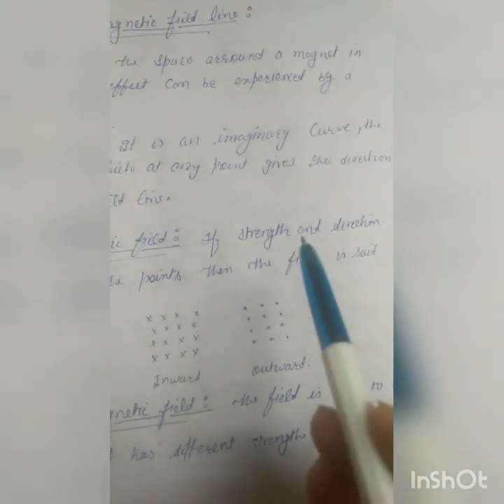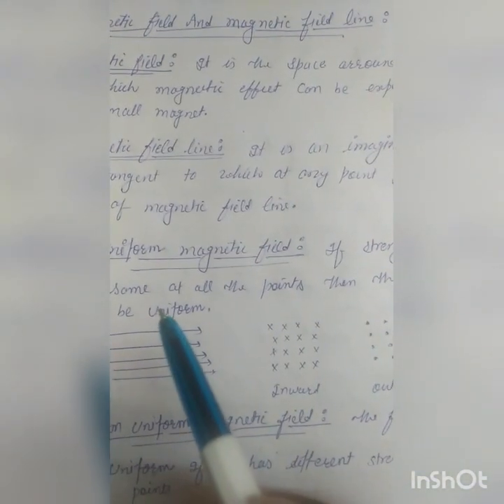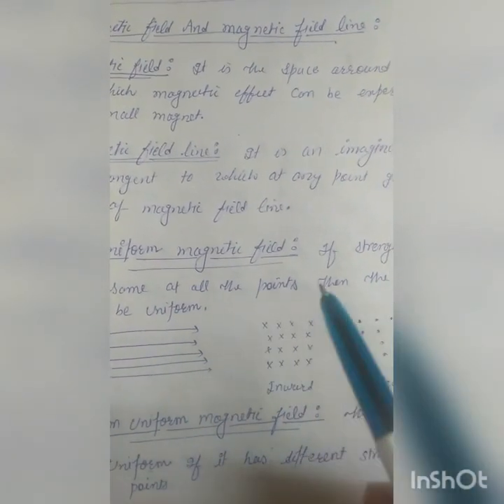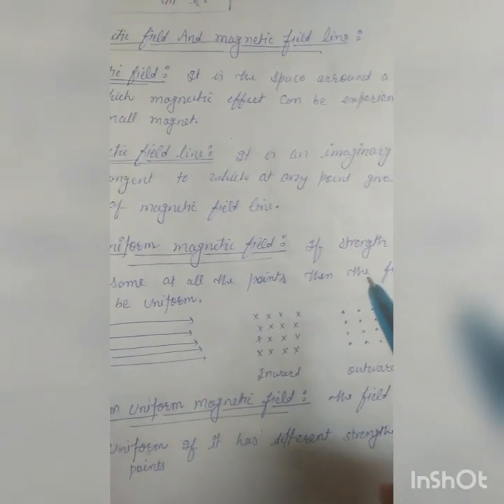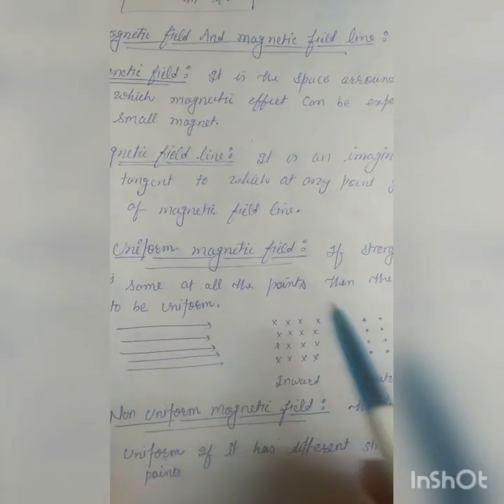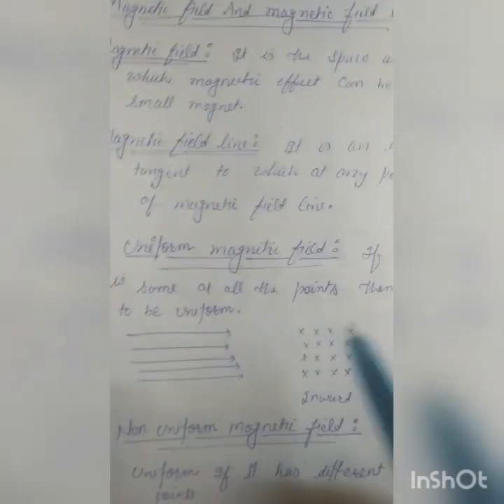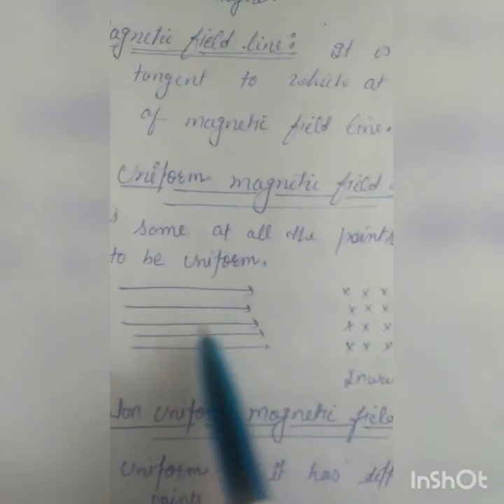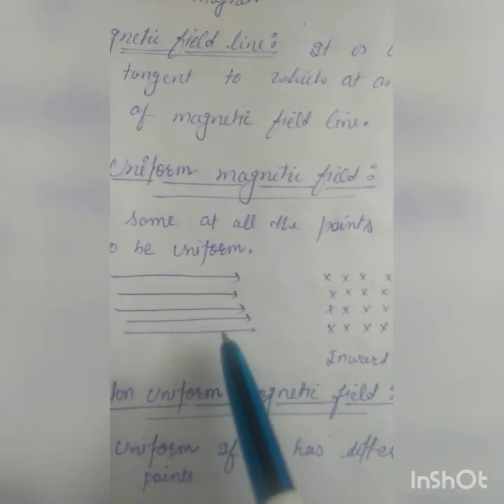If the strength and direction of the magnetic field are the same at every point, then it is known as a uniform magnetic field. A uniform magnetic field is represented by arrows having equal strength at all points and the same direction.